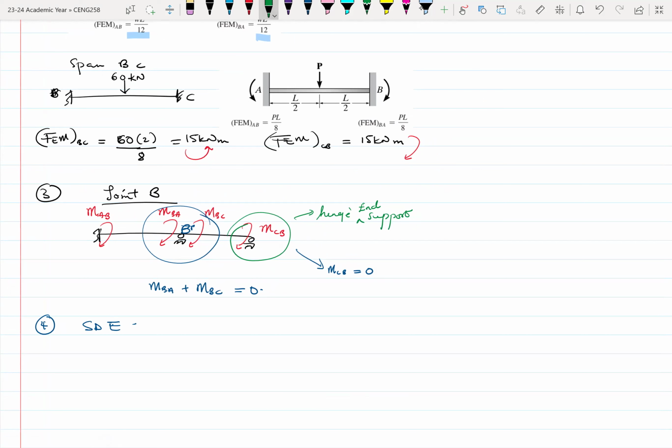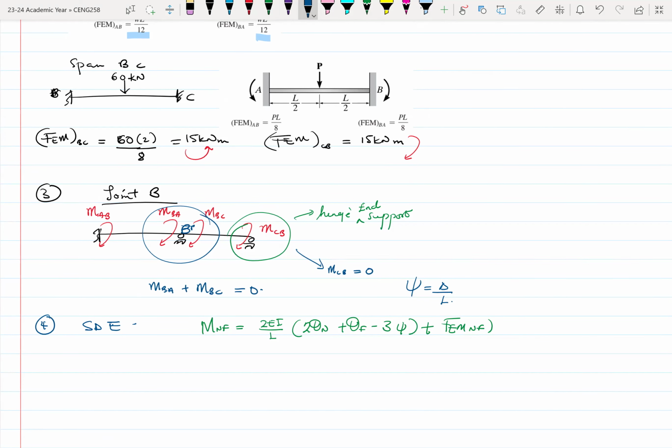Generally, we know that MNF is equal to 2EI over L times 2 theta N plus theta F minus 3 psi plus FEM NF. Please note, psi is equal to delta over L. It's just comparing the chord rotation to the length over the deflections that would occur.